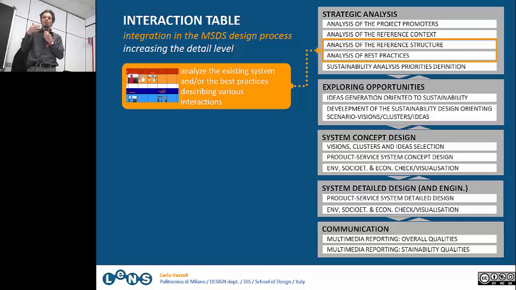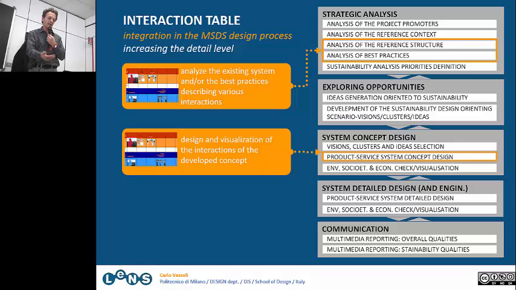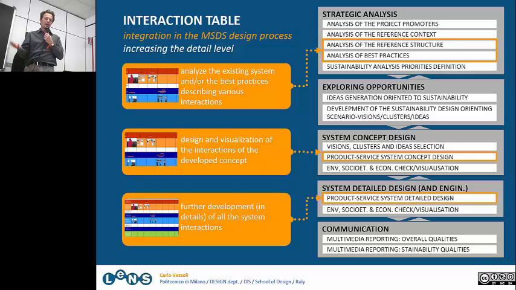So what the company you are designing for is doing, what is the type of service, or you can even analyze best practices using this interaction table. Then, as it is in our case, you use it in product, service, system, concept design. And with a greater level of detail, you can go on using this, expanding and expanding, even in a very detailed phase. Okay?